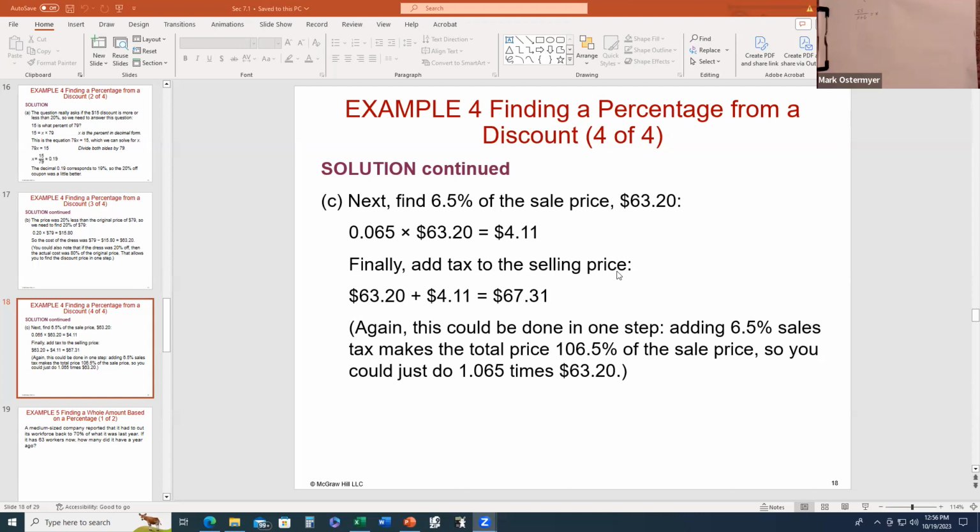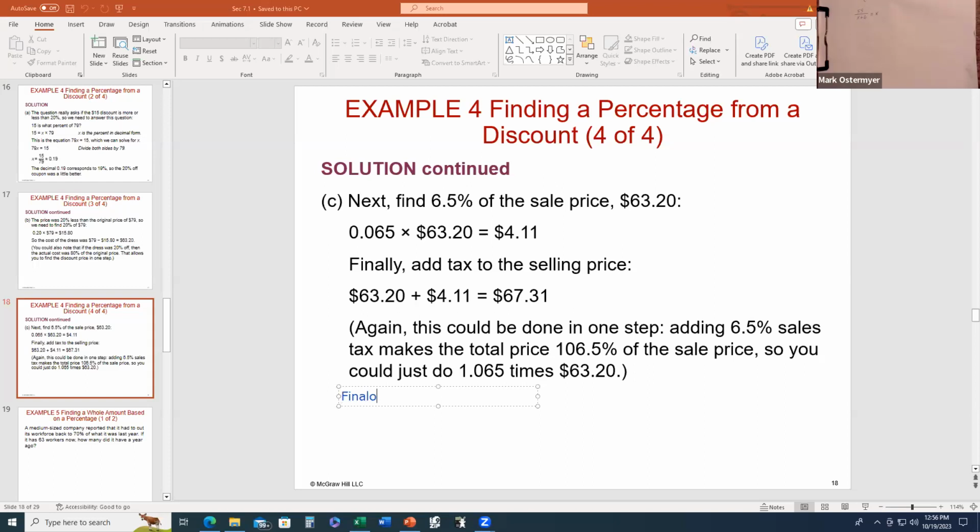Now, another way we could have done this problem is a slightly quicker way that we could have maybe entertained. We could have realized this.